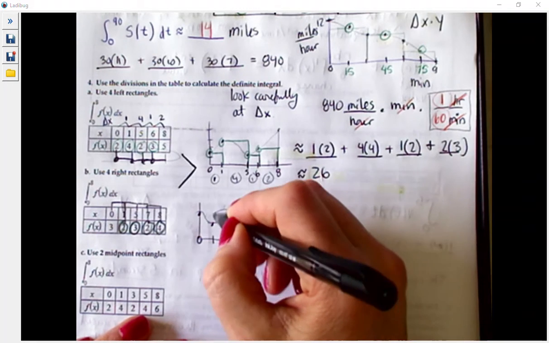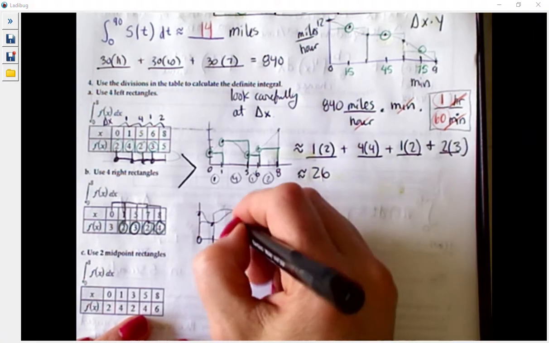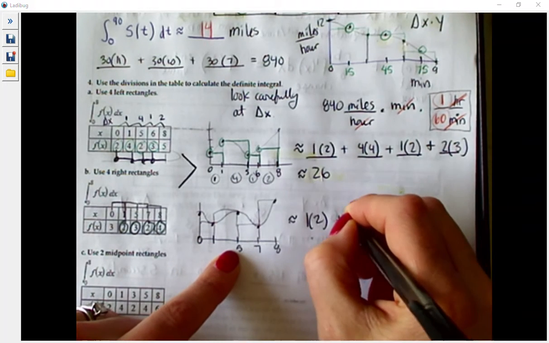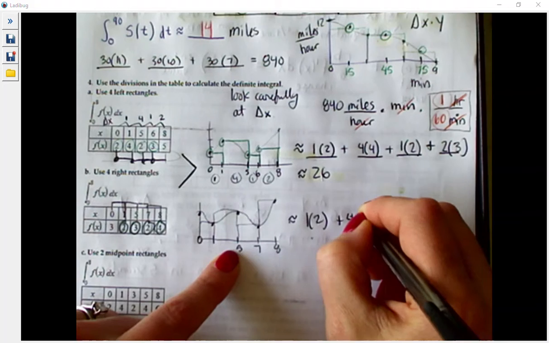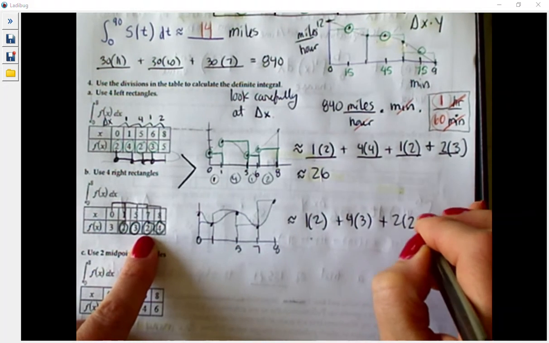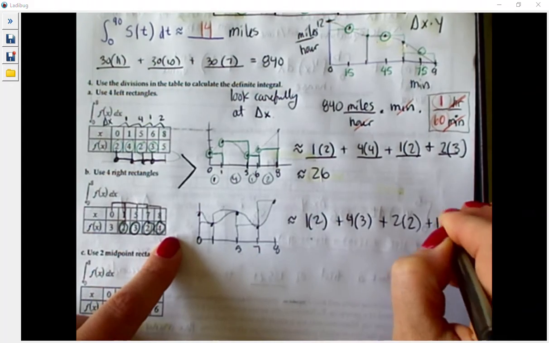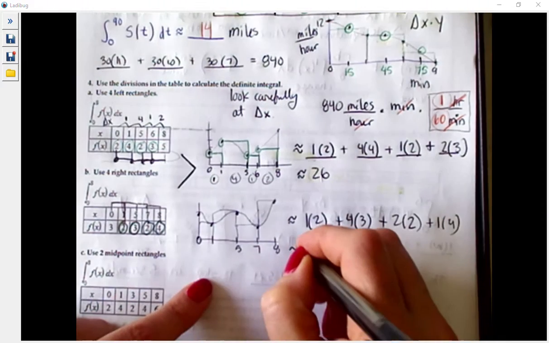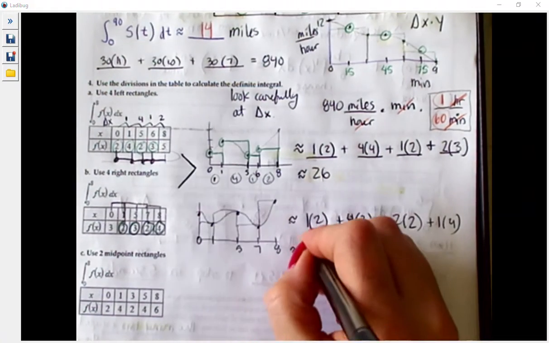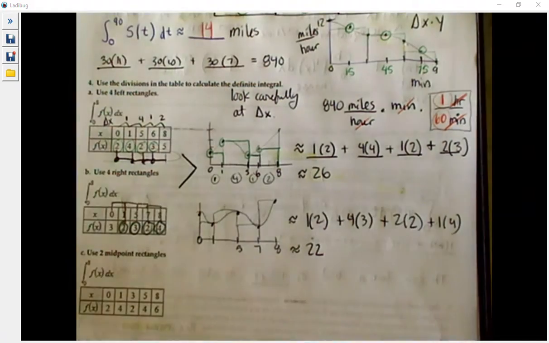Right, rectangles. 1 and 2. 4 and 3. 2 and 2. 1 and 4. And we get approximately 22. Okay, last one.